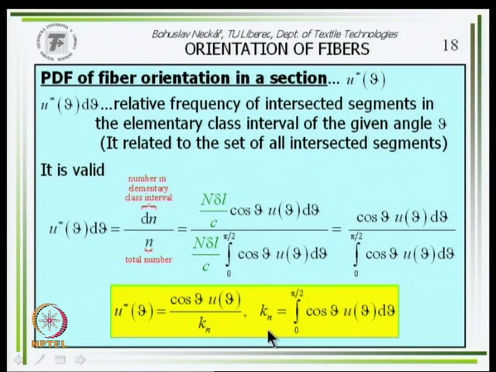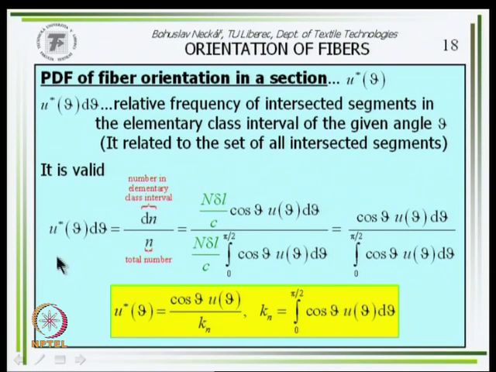And now the probability density function of such fibers. Let's call this probability density function U star theta. Then U star theta d theta is the relative frequency of intersected segments in the elementary class interval of the given angle theta. Isn't it?